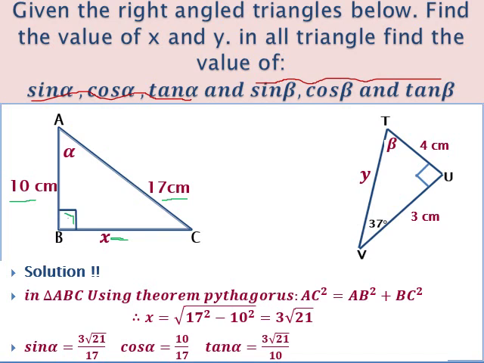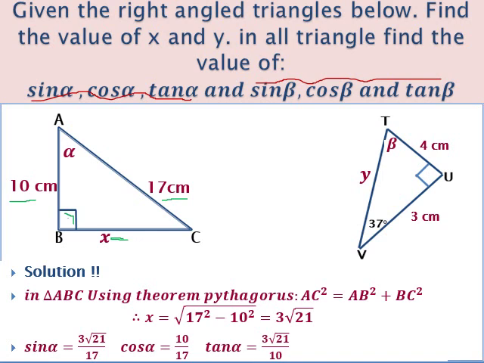Now sine alpha, remember guys, in this case you are talking about that angle there. What is the opposite side of that angle? The opposite side for this angle is going to be this side, and that simply means that this is the adjacent side.